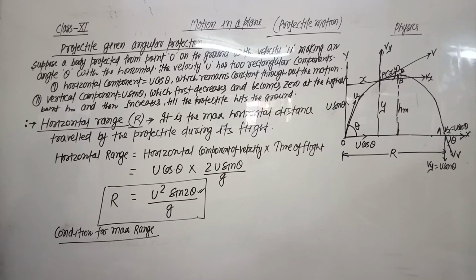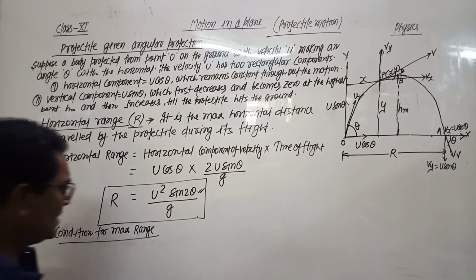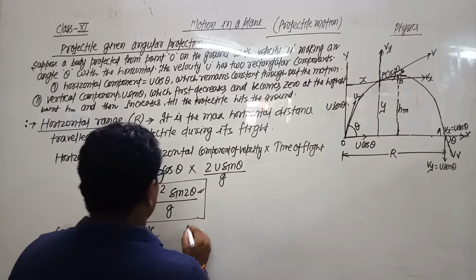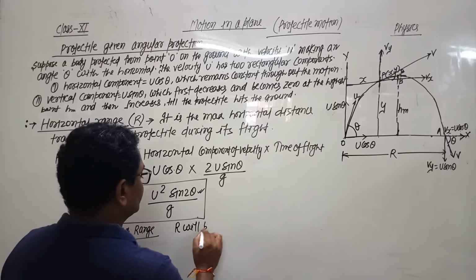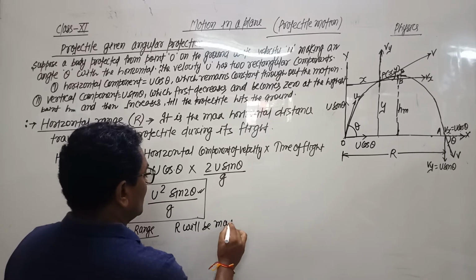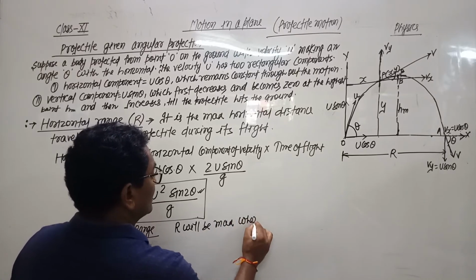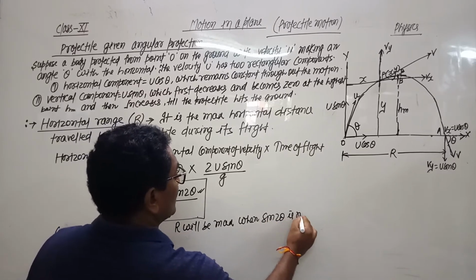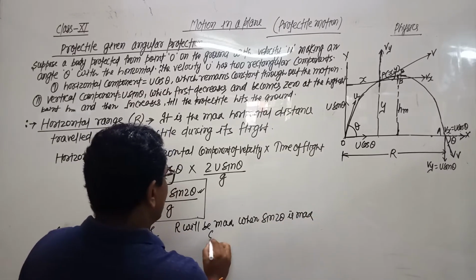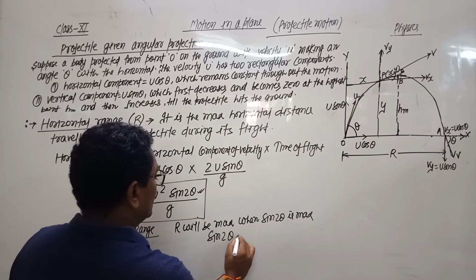So R will be maximum when sin 2 theta is maximum, and the maximum value of sin 2 theta is 1.